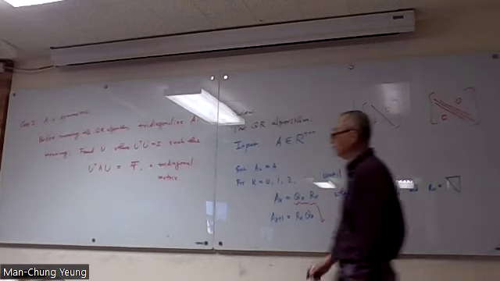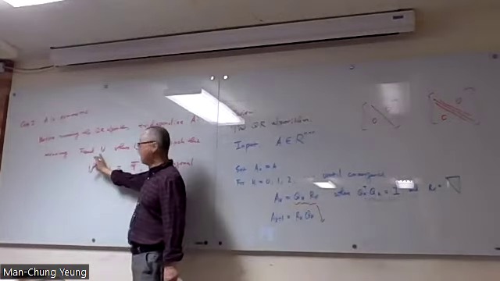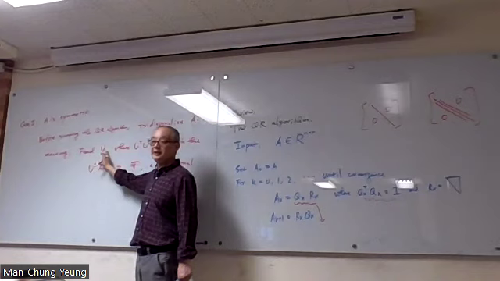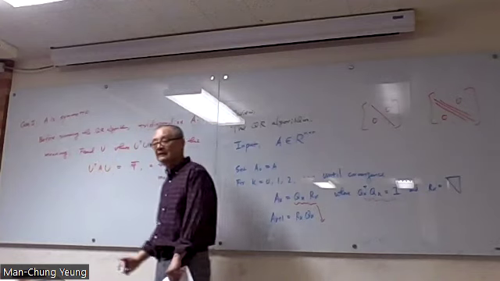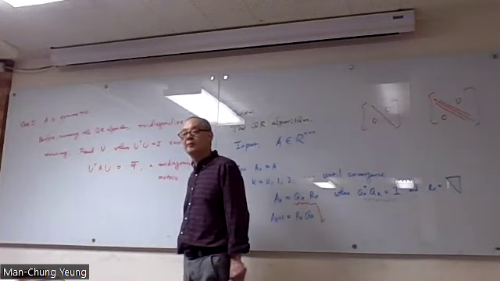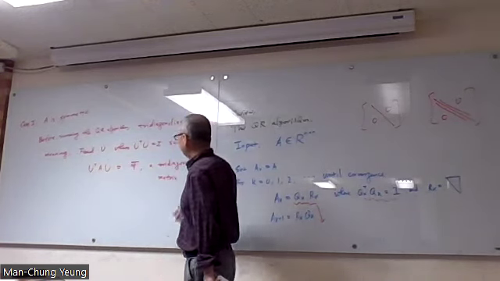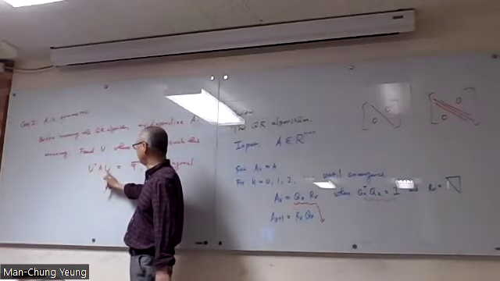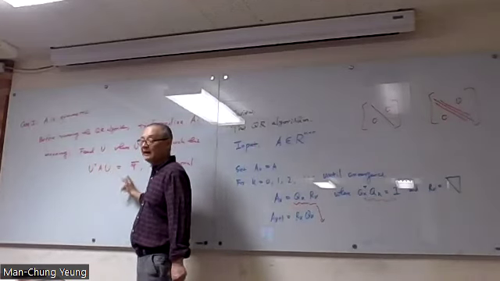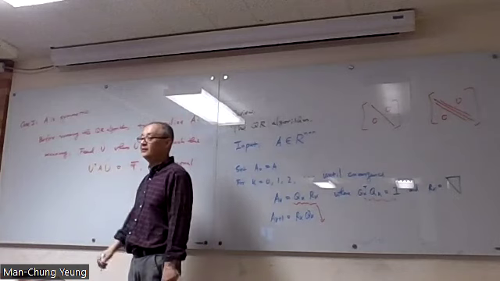Now find some orthogonal matrix U. You can find what U is from my notes. For the details, you can take a look at the book. U is orthogonal such that U transpose times A times U is T, tri-diagonal.